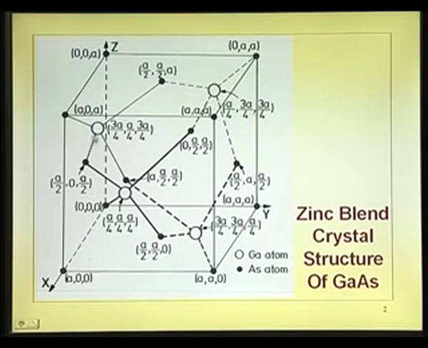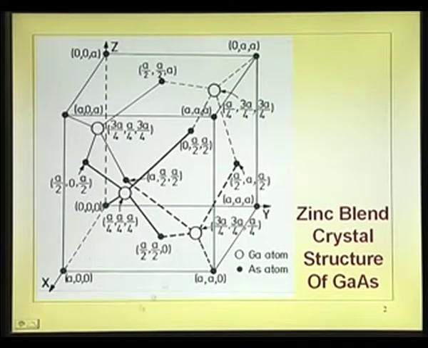In addition to that you have these 4. For example, this is not inside, this is on the front face. So, this gallium atom is located within the cube of this cell. All these 4 are within the cube. They are not body center, they are in the cube.